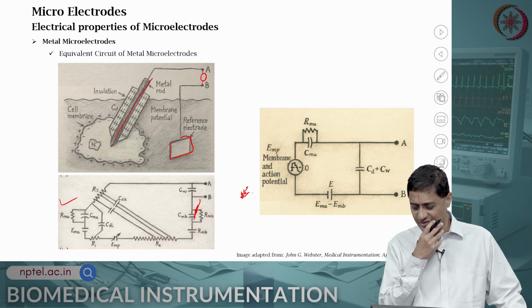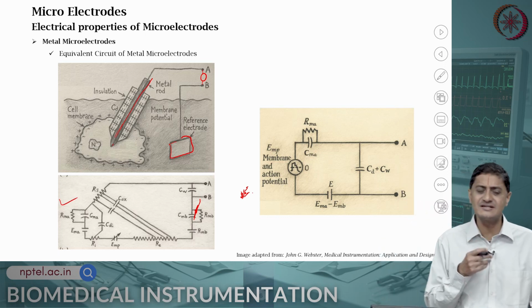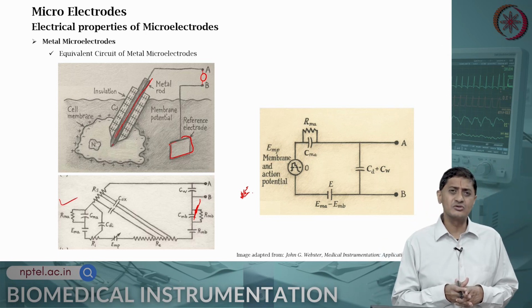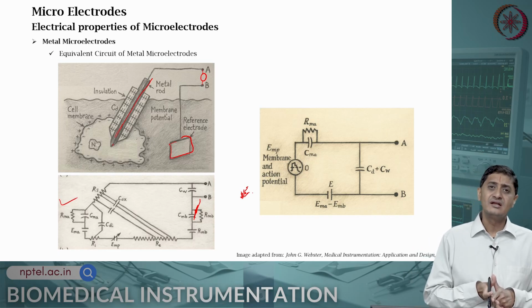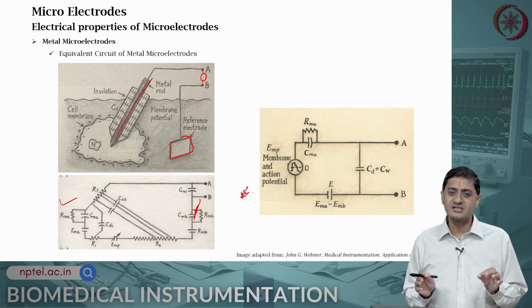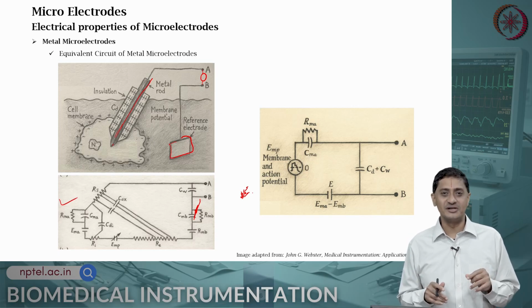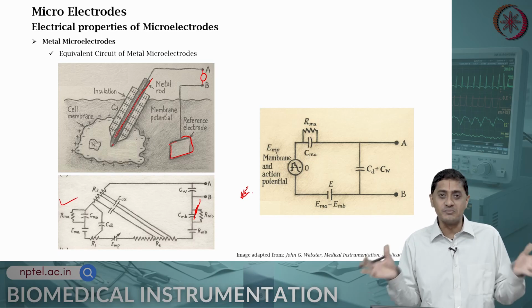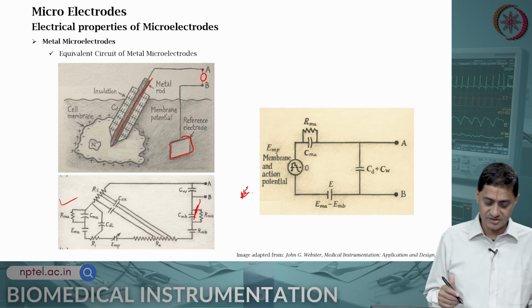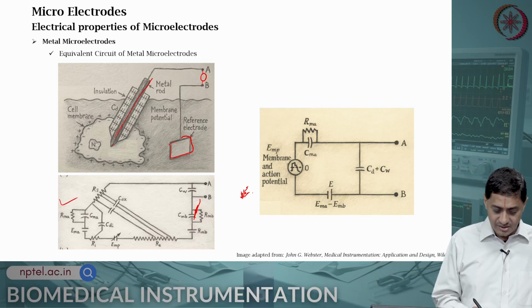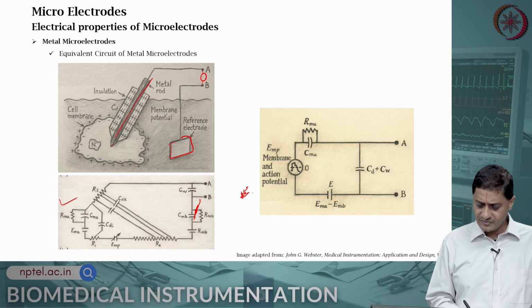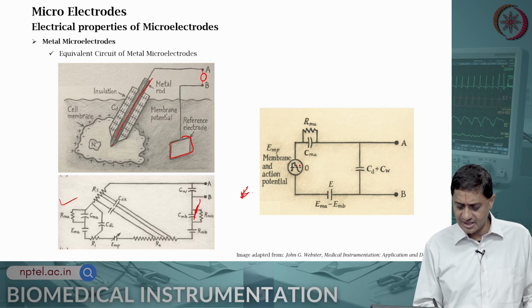What is the voltage inside the cell? What are these microelectrodes? These are essentially nano sized voltmeters, right? This is what is of interest for us. So, this can be modeled as membrane potential and action potential.